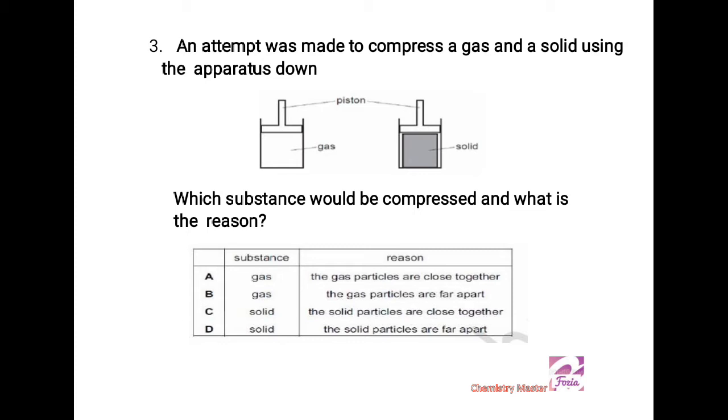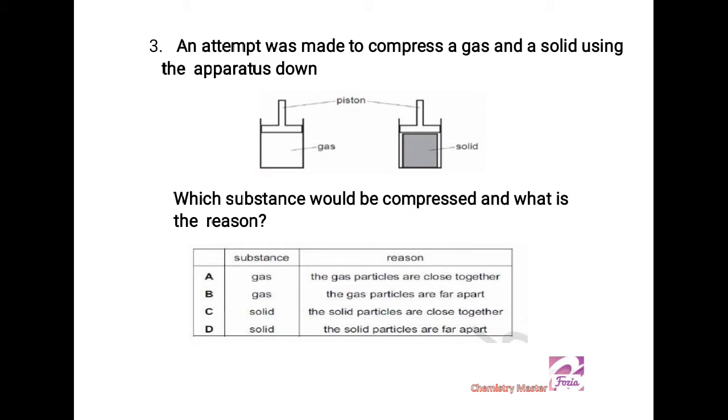An attempt was made to compress a gas and a solid using the apparatus shown. These are pistons over cylinders in which the gas is taken, and the piston can move up and down like this. When the piston comes down, pressure is applied and the gas is enclosed in this fixed volume.